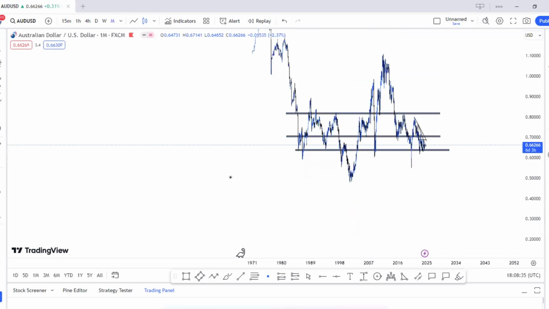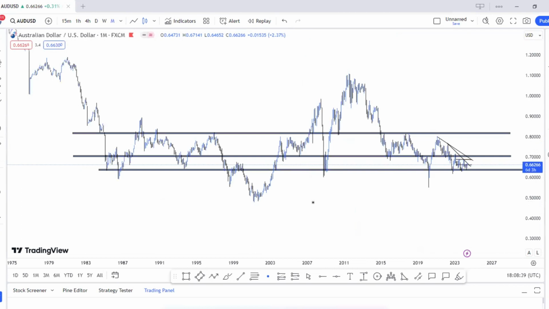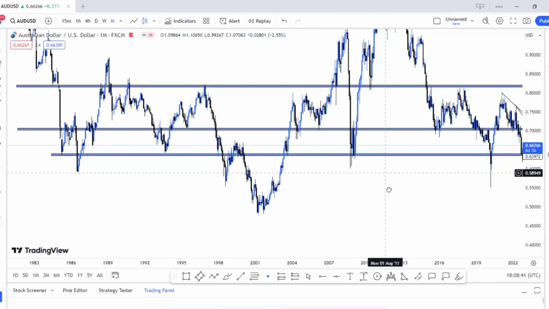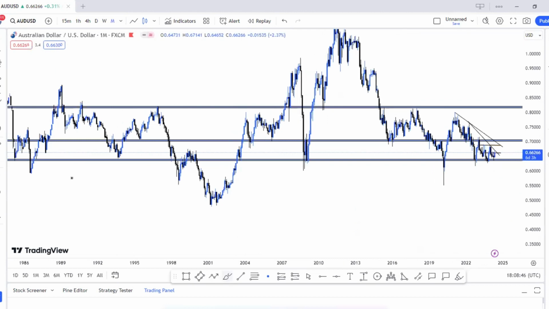As we can see, AUDUSD is finding support at this region on the monthly time frame. It has so many touches, so many reactions on this level. There's a lot of reaction from that support region.